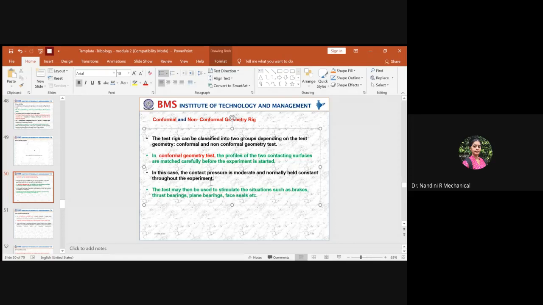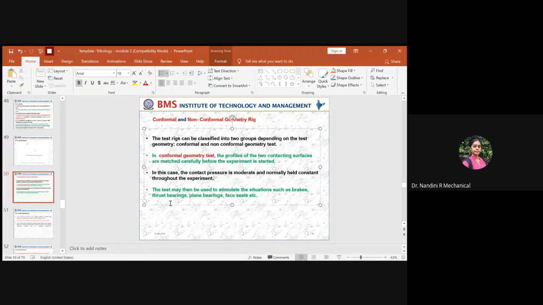Then again, the lubrication film thickness you are using, the grade, the viscosity, everything has to be altered to see that the pressure is not very high across the contacting area, or else again the wear and the friction come into picture. As a result, the conformal way is the best and safest way to proceed, where you will check the entire profile of the two specimens before you start the experiment.